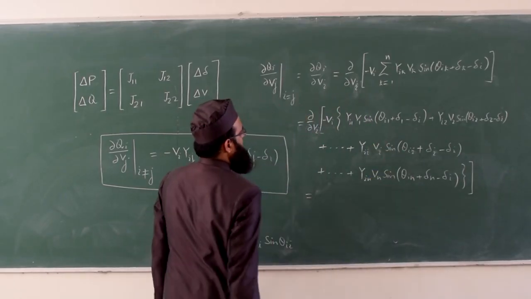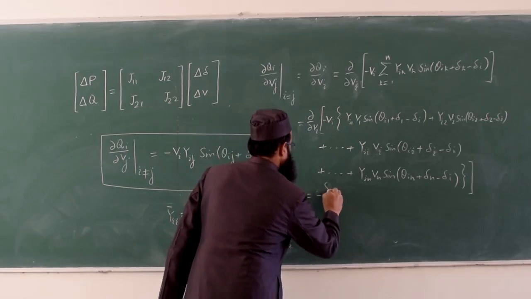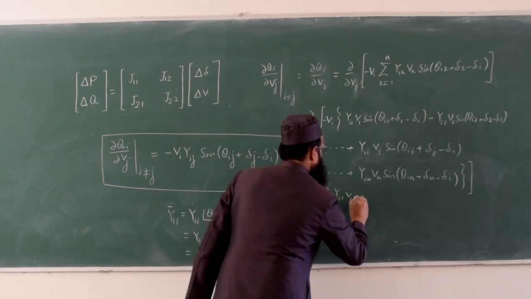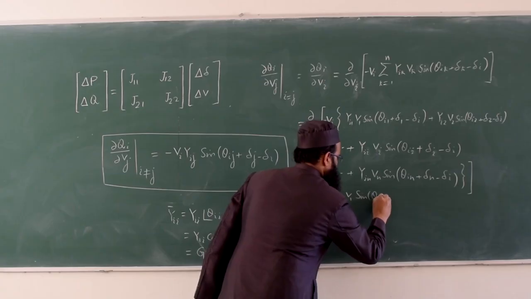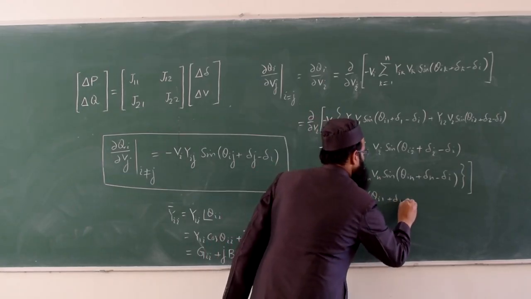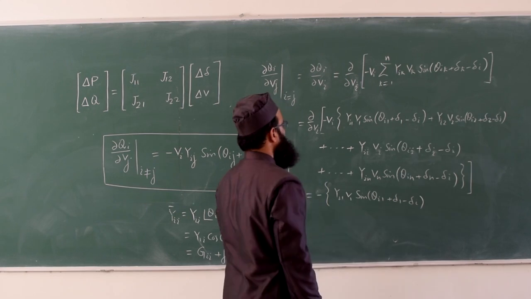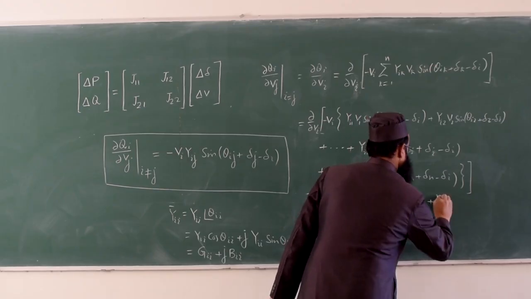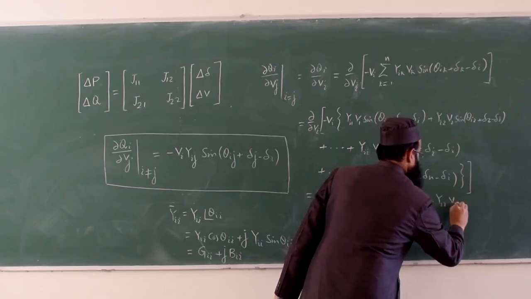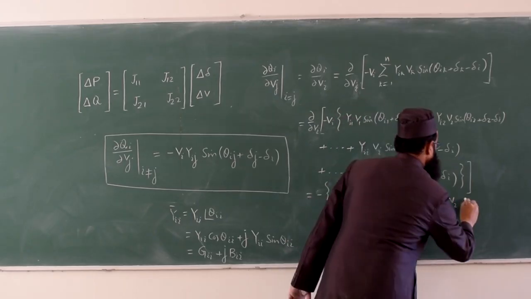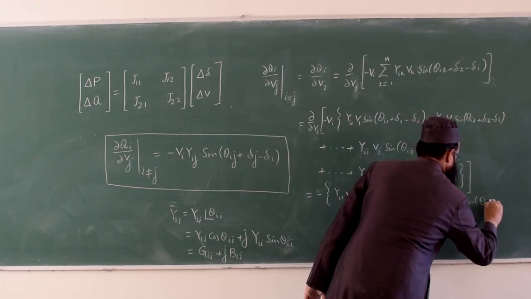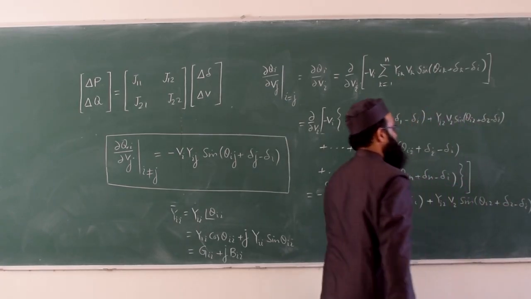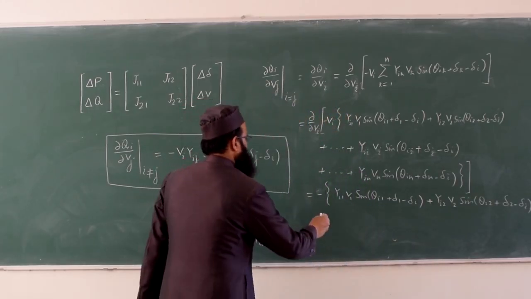So, minus, write all terms: Yi1 V1 sin of theta i1 plus delta 1 minus delta i, first term, then second term, plus Yi2 V2 sin of theta i2 plus delta 2 minus delta i. Second term we have written, and so on, third term.